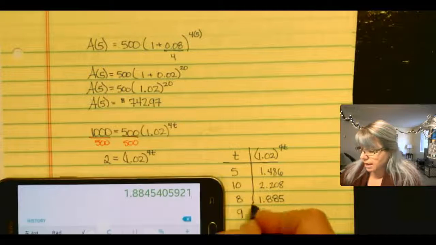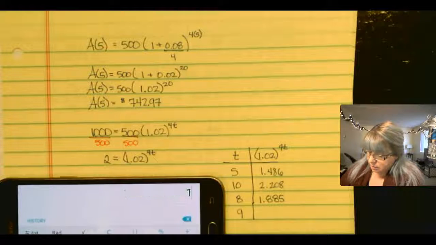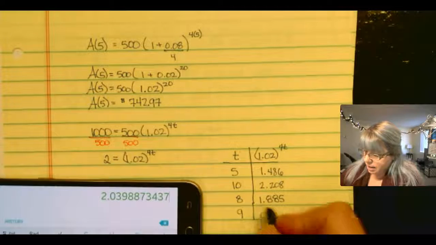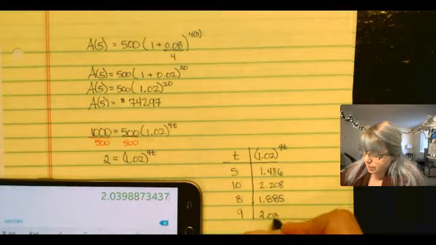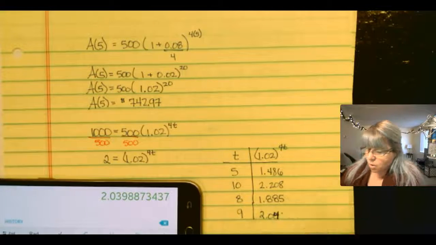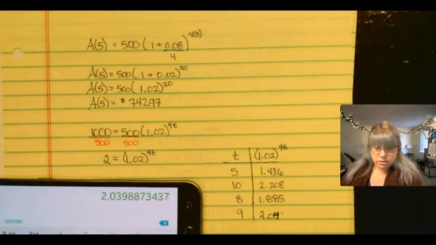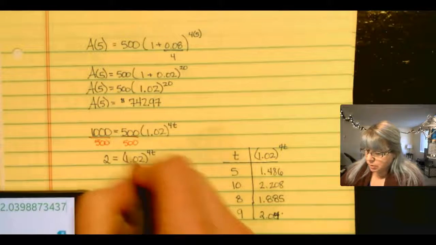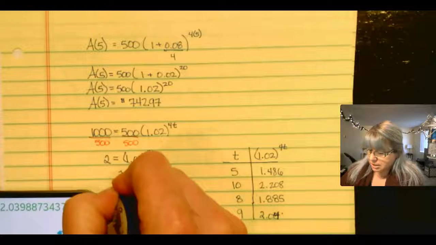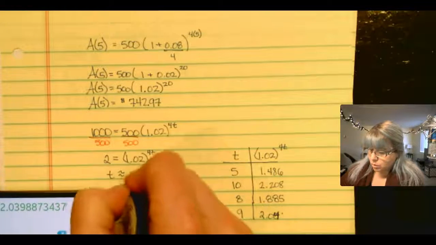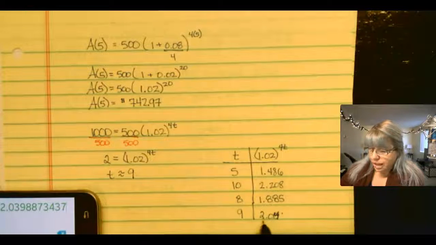So let's try 9. 1.02, 9 times 4 is 36. All right, 2.0398, so I'm rounding that to actually 2.04. That's really darn close. So the time it would take is approximately when t equals 9, we will have $1,000.